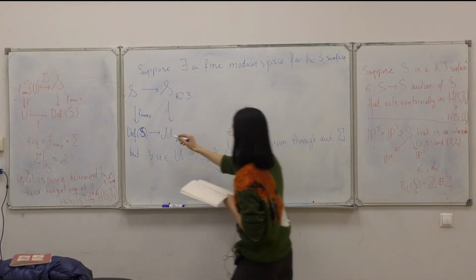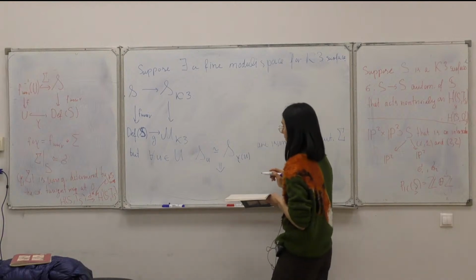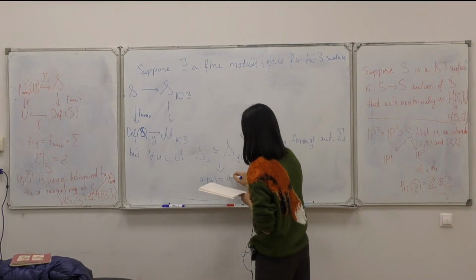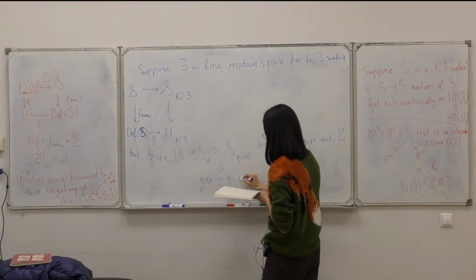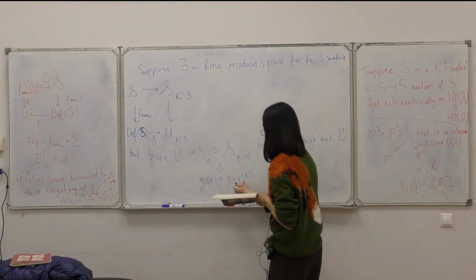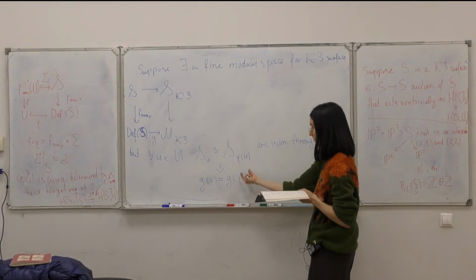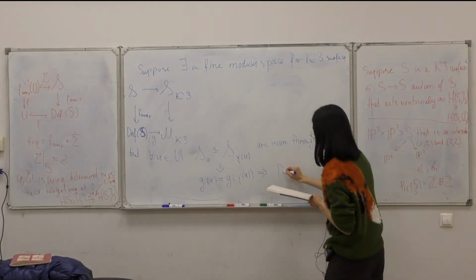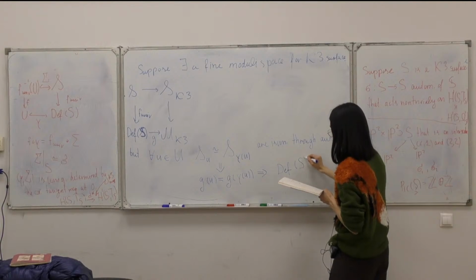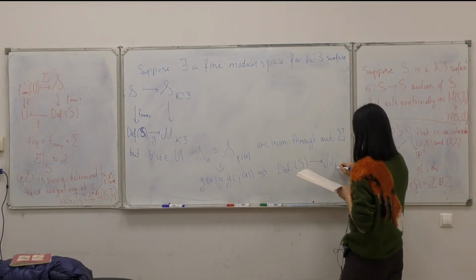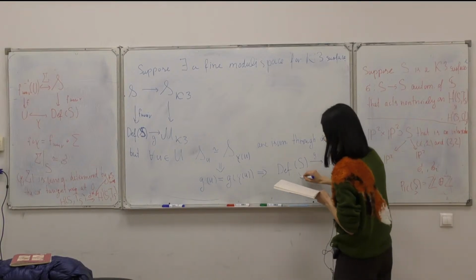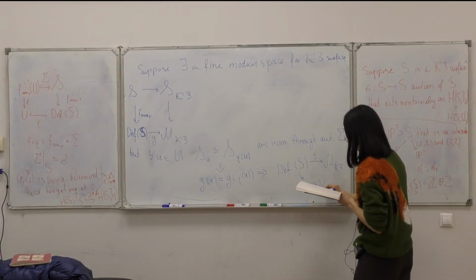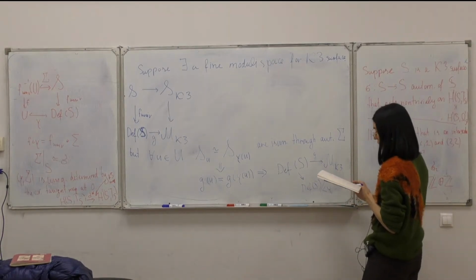So if we denote this map by G, the image of U should be the same as the image of gamma U. And this means that our map from the deformation of S to the universal family should factorize through the action of gamma.